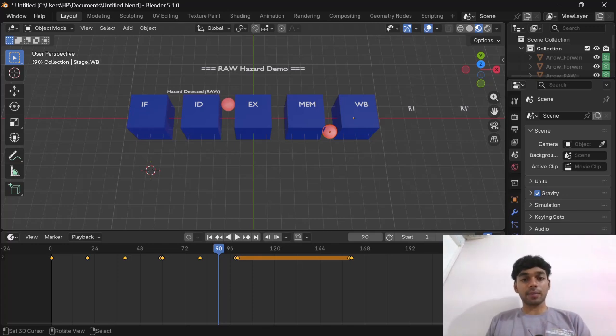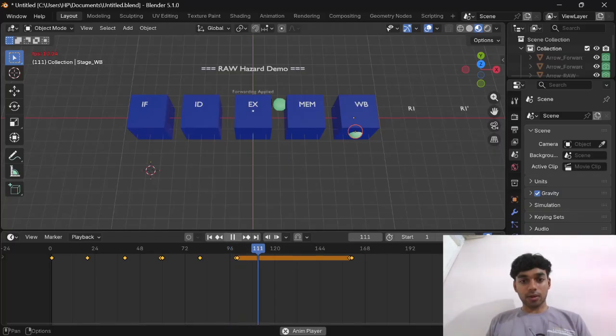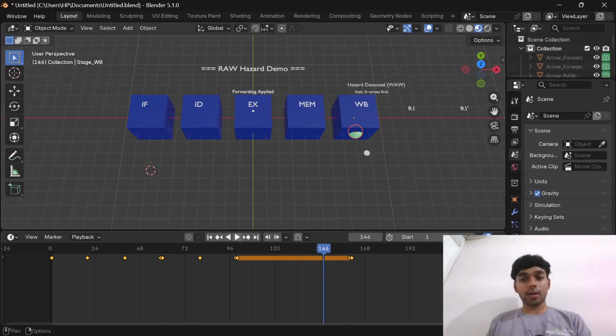As the first instruction passes through the execution phase, the result of it gets forwarded to the second instruction, and as we can see now, both of them have become green in color. This dependency is resolved with the concept of forwarding.